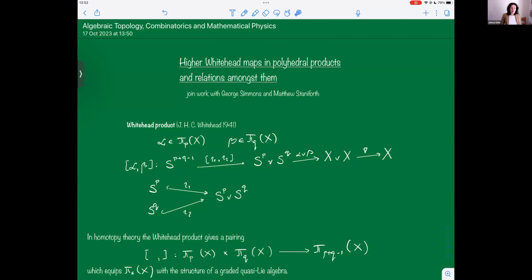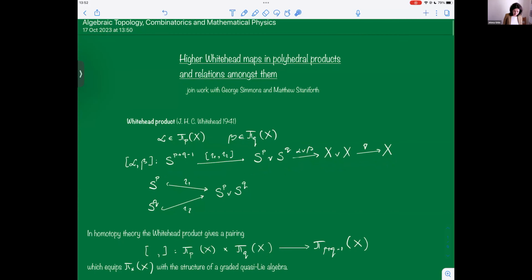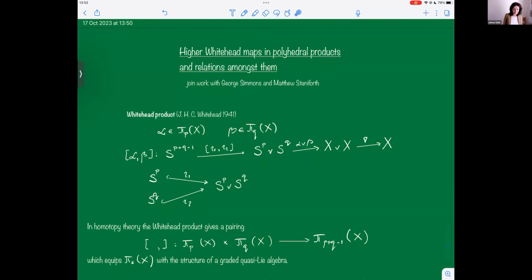Whitehead products are interesting, and we know that in homotopy theory the Whitehead product gives a pairing on homotopy groups, and that pairing equips the homotopy groups with the structure of a graded quasi-Lie algebra.